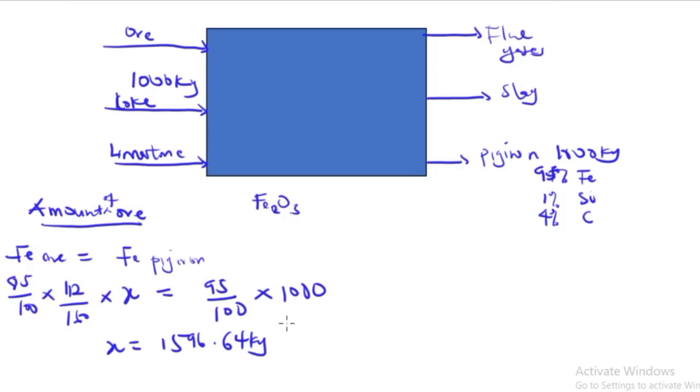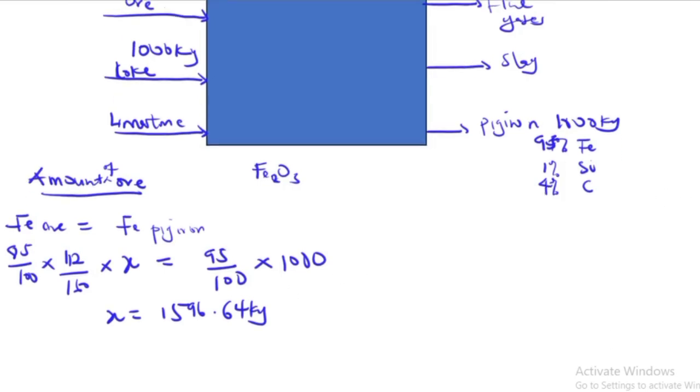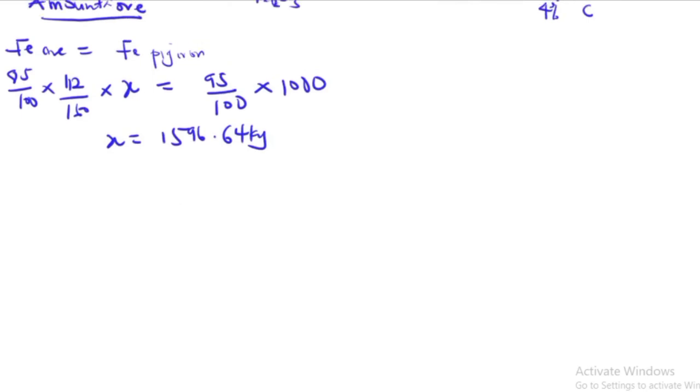After finding the amount of ore, we go on to find the slag. In this case, one slag component is the silicate. They were saying that 40% is magnesium oxide plus calcium oxide from the question, so the silicate represents 60% of the slag.